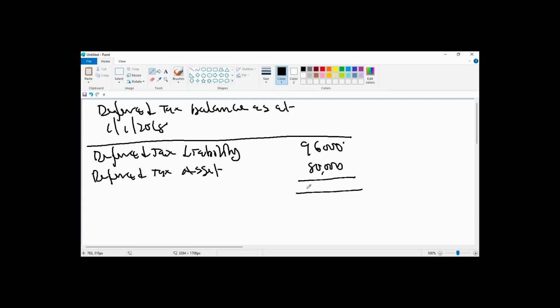So he has a net 16,000 liability as at the beginning of the year. Now see what he said.